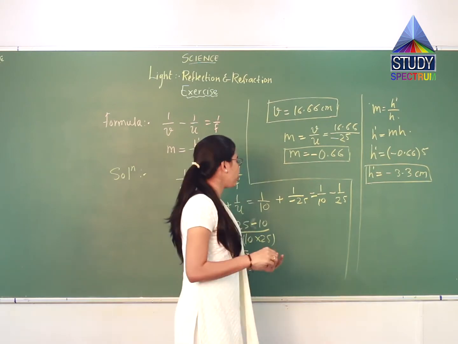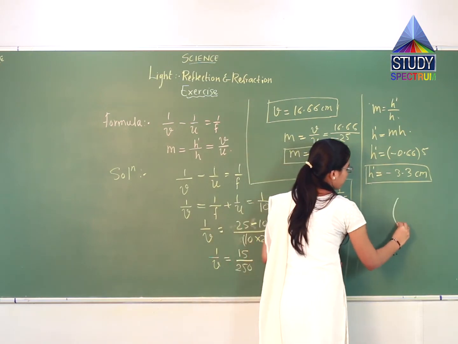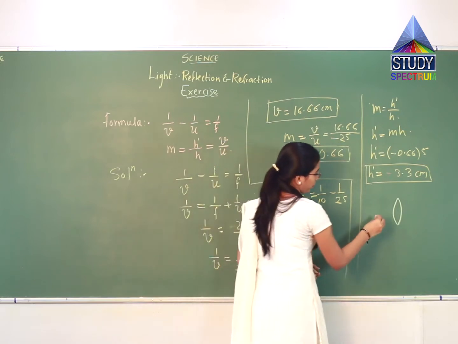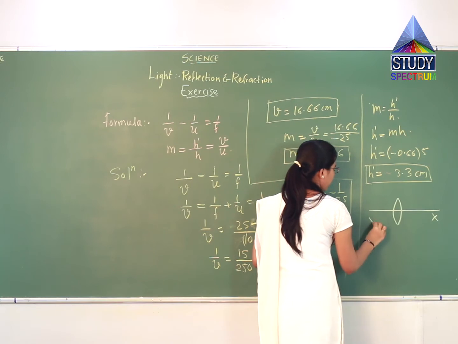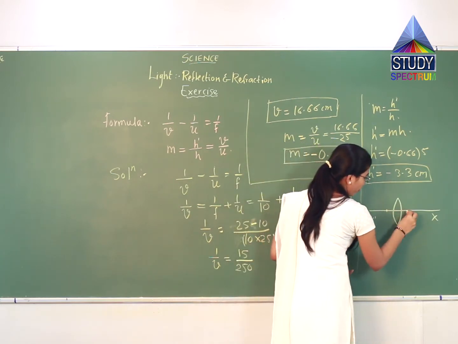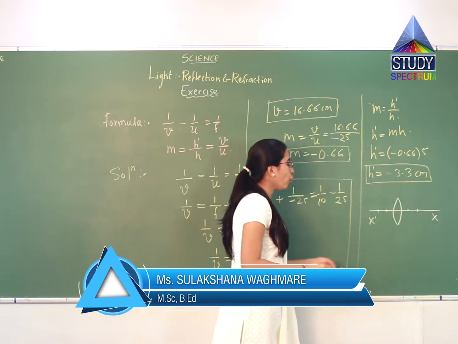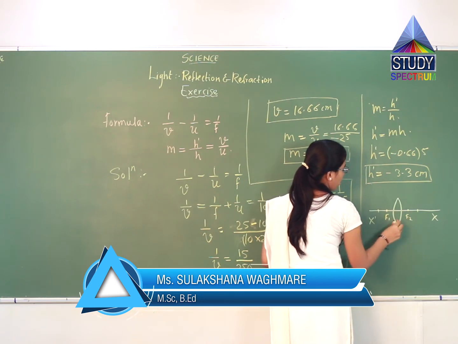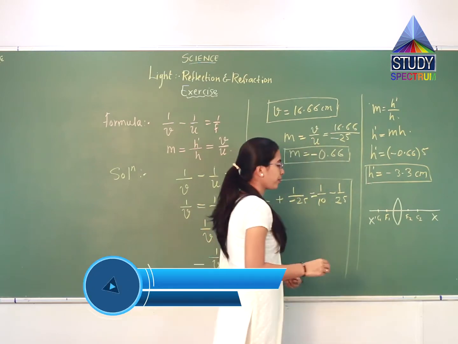Here, if I draw it for you, this would be your lens, principal axis, foci and centers of curvature, like this.